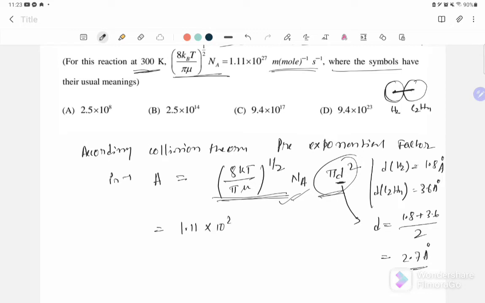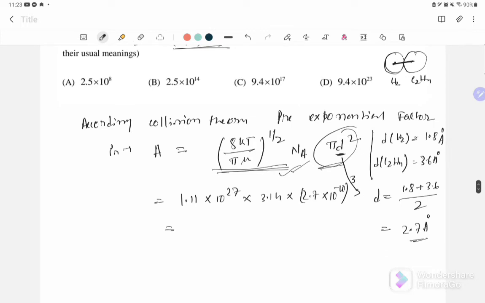So just put it in the equation: this term is given, 1.11 into 10 to the power 27, into pi, 3.14, into d square, with d about 2.7 angstrom. Angstrom you have to convert to meter, into 10 to the power minus 10 meter, and then square it.